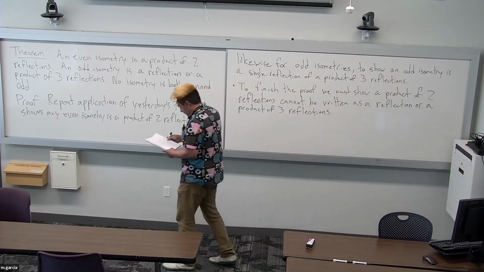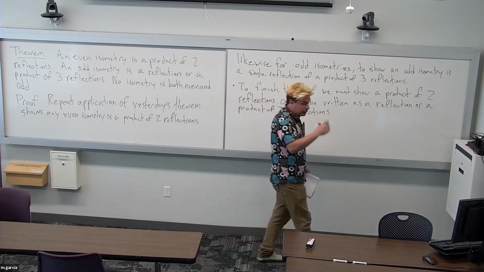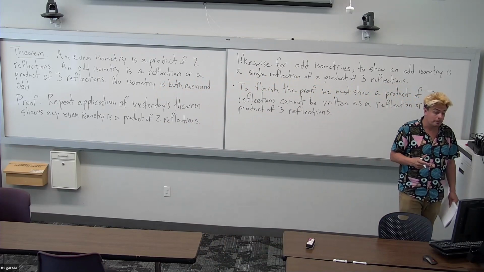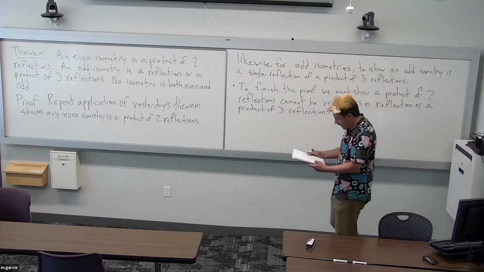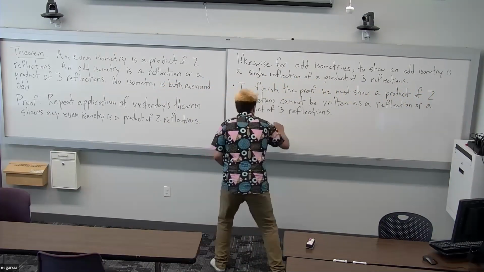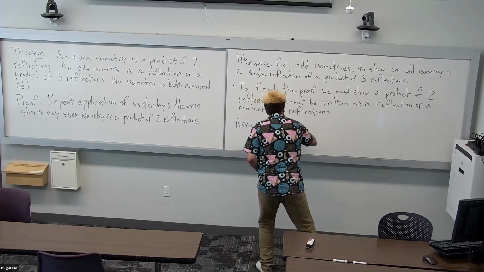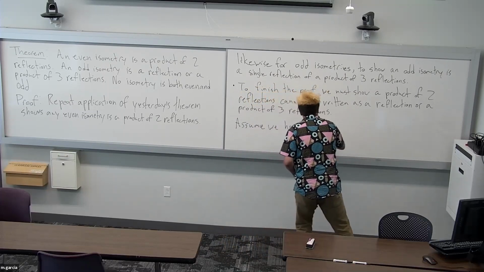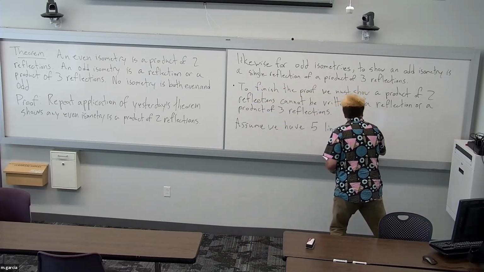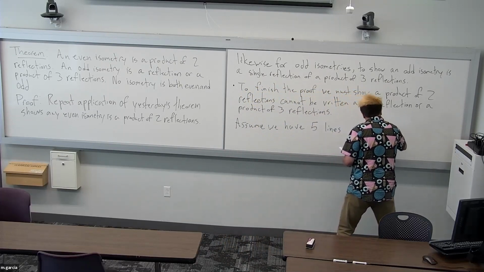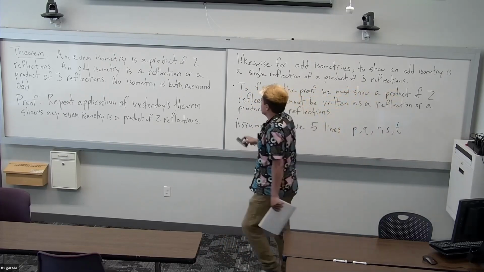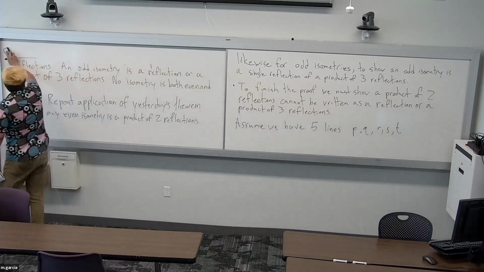Okay, so we'll proceed by contradiction. All right, so let's assume that we have 5 lines, P, Q, R, S, and T, such that we have the following.